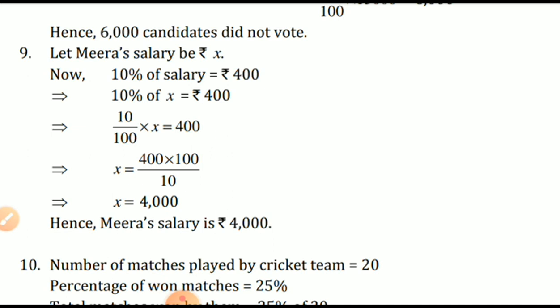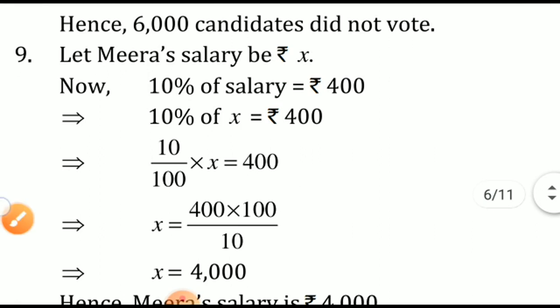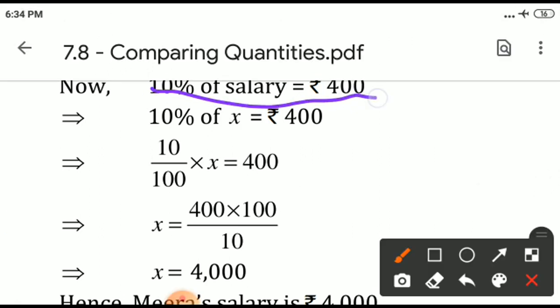Look at question number 9. Let Mira's salary be X, or you can say let salary be X rupees. Now 10% of X rupees is equal to rupees 400. Is this given as per the question? Can you see what I have written? Yes, my dear student, 10% of salary is equal to rupees 400.